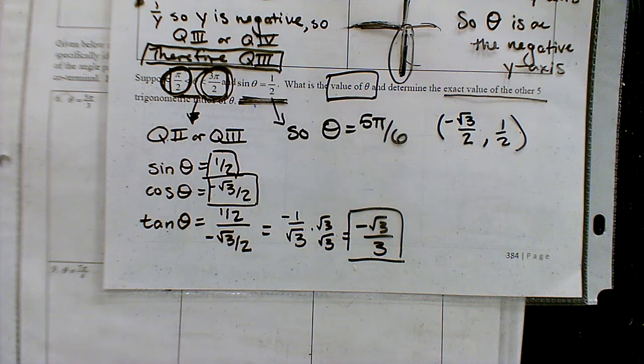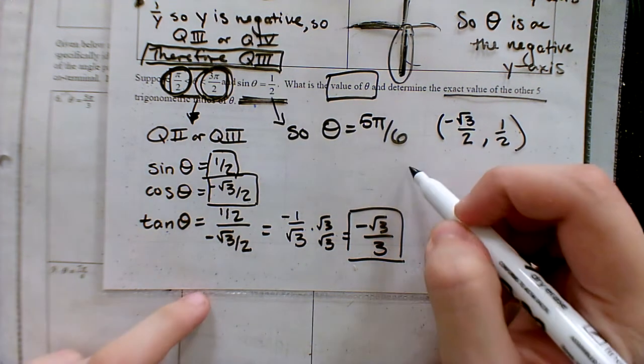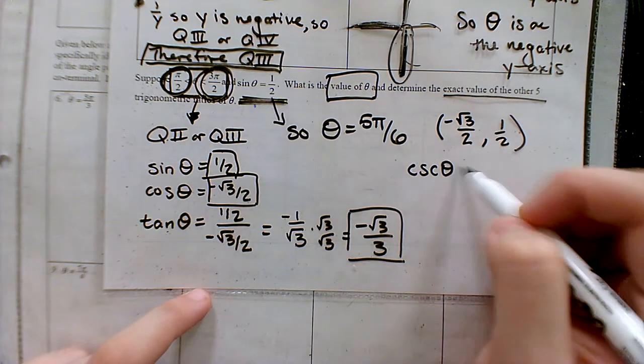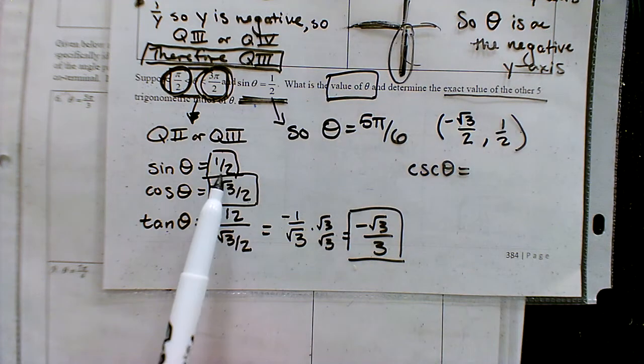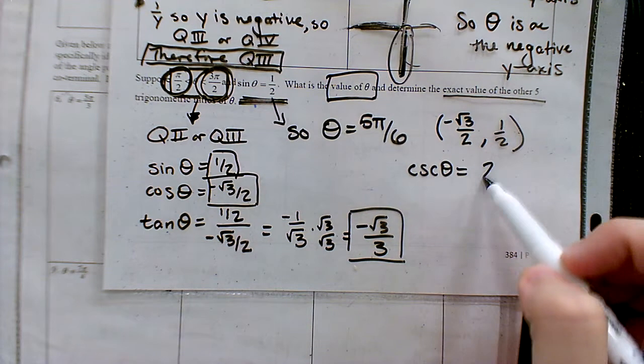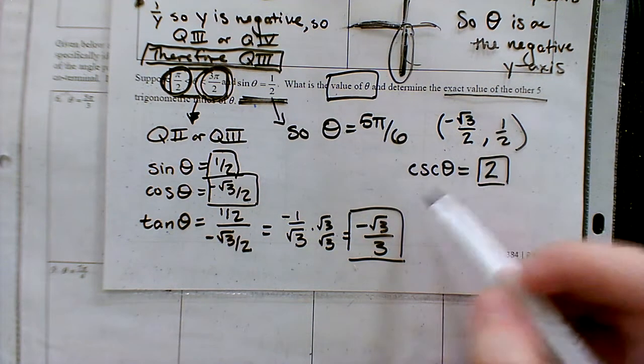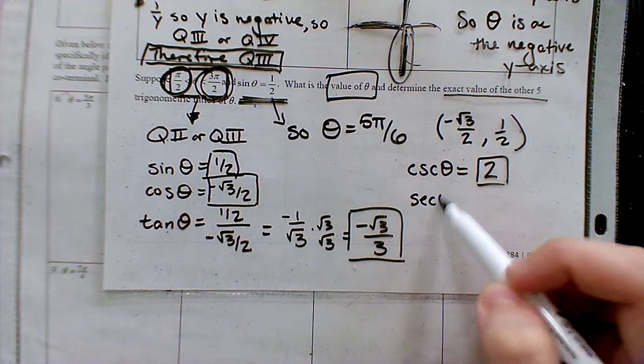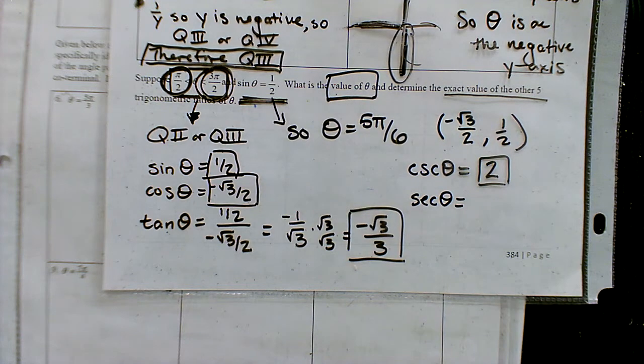All right, so we know sine, cosine, and tangent. It should be pretty easy for us to now figure out the reciprocals. Let's try cosecant first. For cosecant, we need the reciprocal of sine. If we were to flip 1/2, we would get 2. Let's try secant.